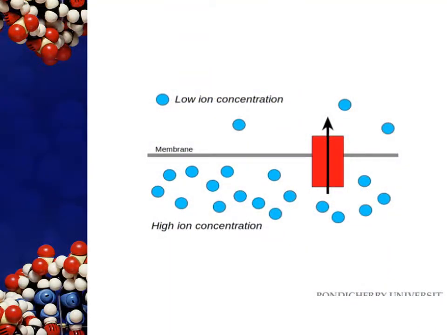In this picture we can see two different regions: one is the high ion concentration region, and the second is the low ion concentration region. And we know that molecules move from higher concentration to lower concentration.